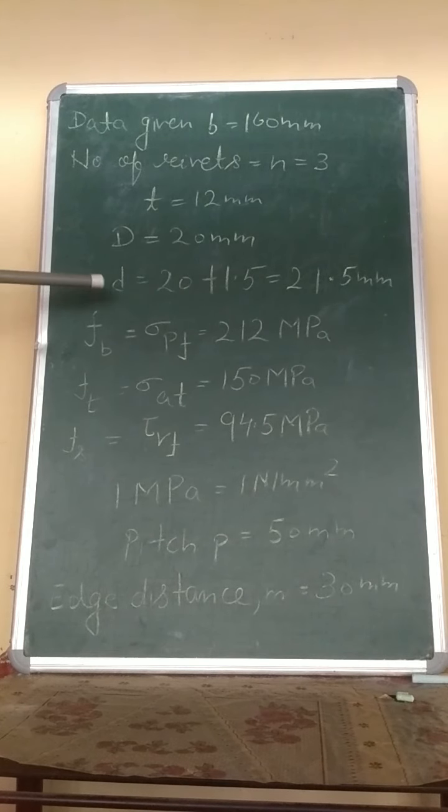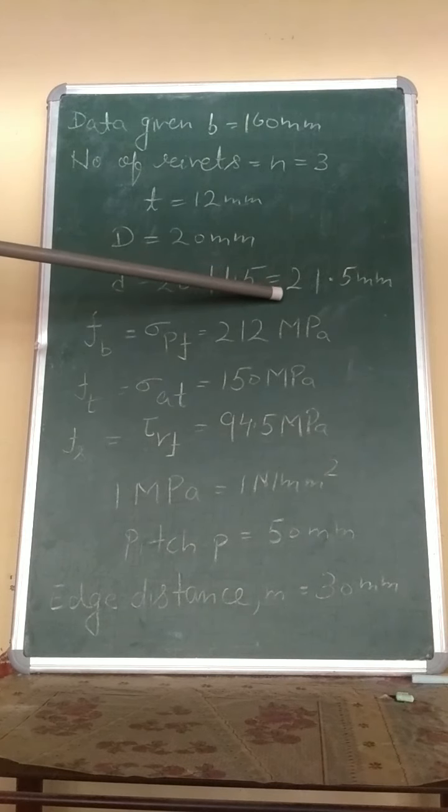As we know, up to 25 mm nominal diameter, the gross diameter is equal to nominal diameter plus 1.5. So D is equal to 20 plus 1.5, that is equal to 21.5 mm.